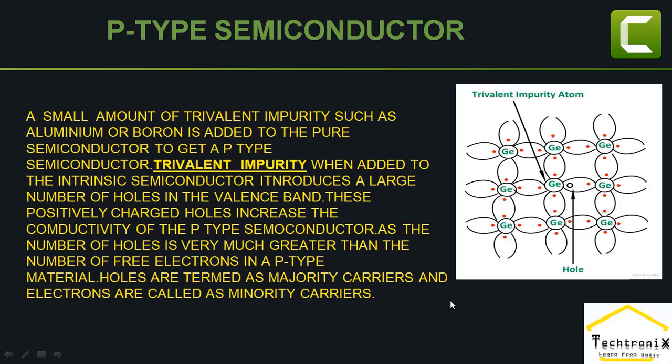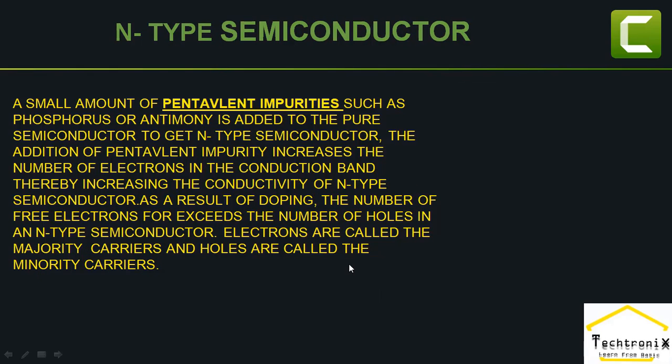The next one is N-type semiconductor. So let's see what N-type semiconductor is. A small amount of pentavalent impurities such as phosphorus or antimony is added to the pure semiconductor or intrinsic semiconductor to get N-type semiconductor.